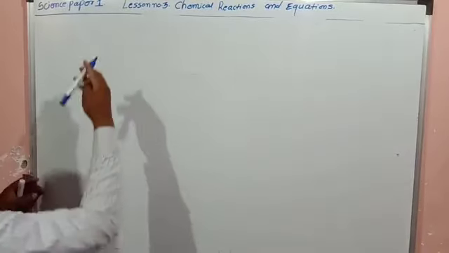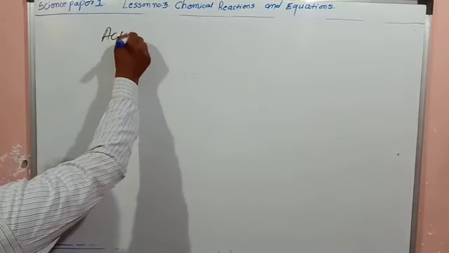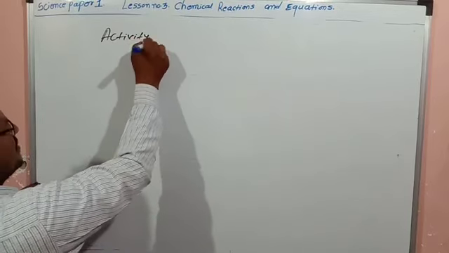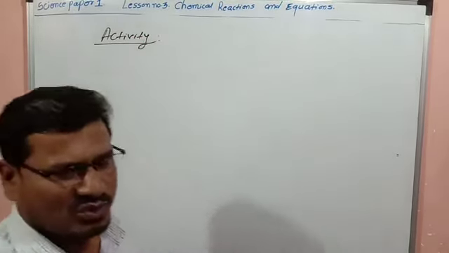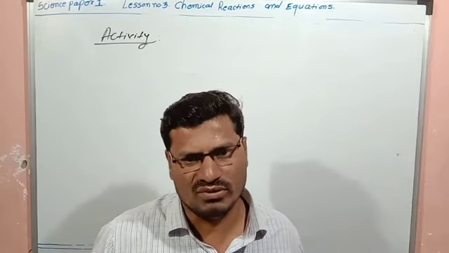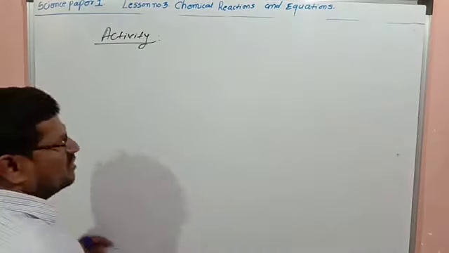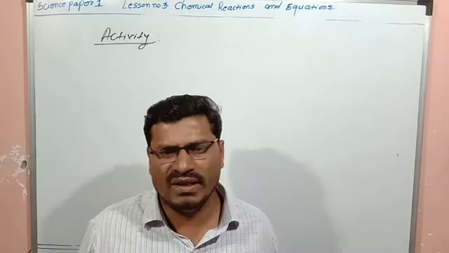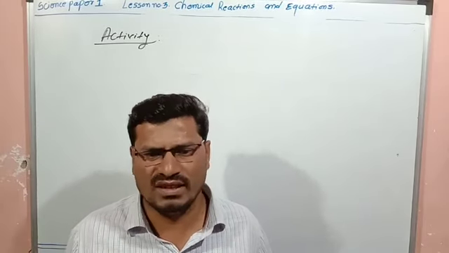One activity is given in the textbook. In that activity, you have to take some chemicals and carry out a reaction. So you will take silver nitrate and NaCl salt.